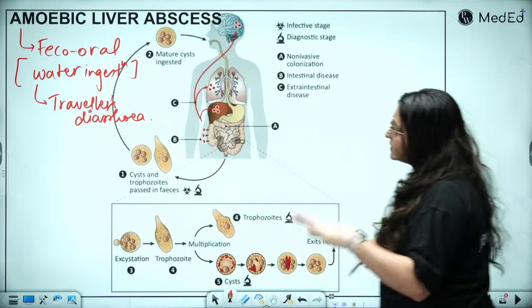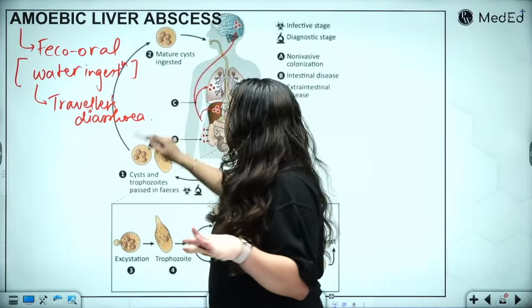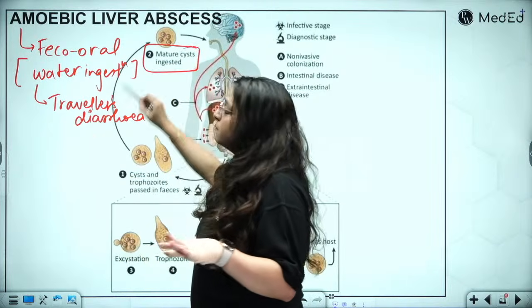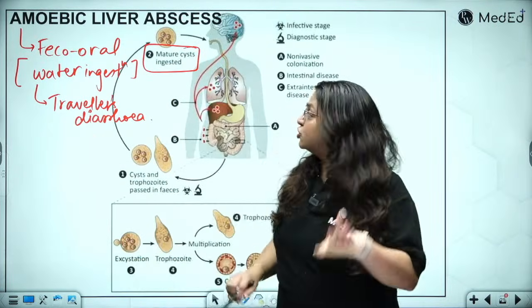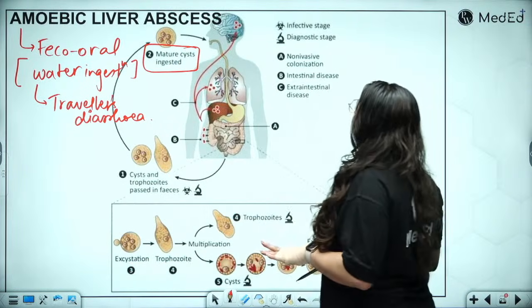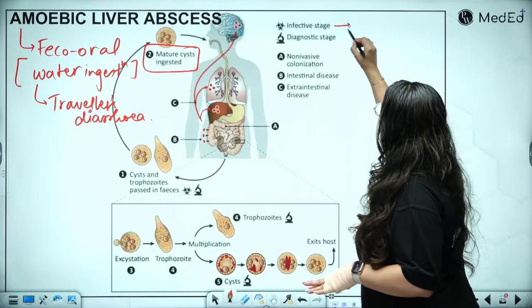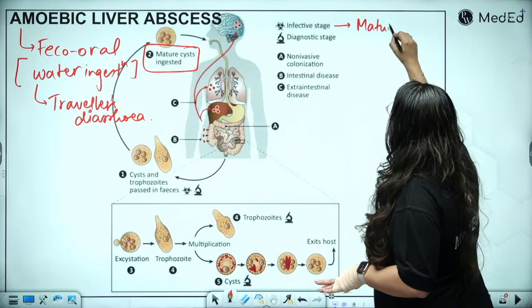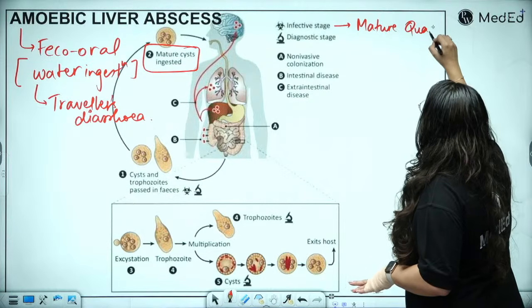What is the mode of infection? Feco-oral. What is the infective stage? It's the mature cyst. And a mature cyst always has 4 nuclei. 1, 2, 3, 4. So the infective stage is always the mature quadrinucleate cyst.